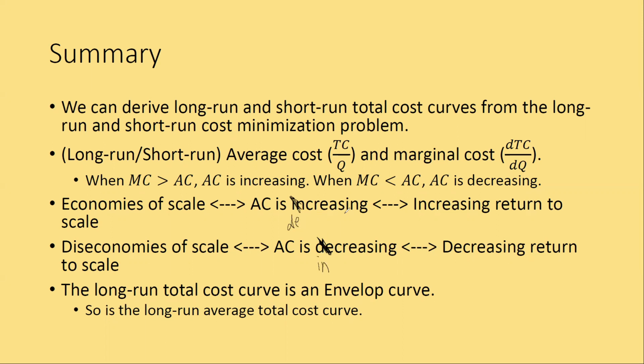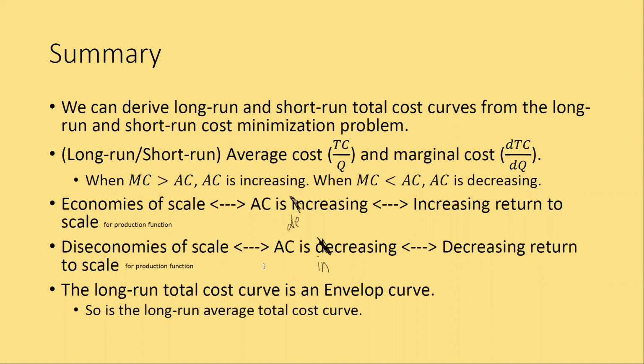So a firm enjoys economies of scale when the average cost is decreasing as Q increases. And this happens when the production function has increasing return to scale. And I probably should have put this as well, for the production function. All right, because return to scale is a concept for the production functions.